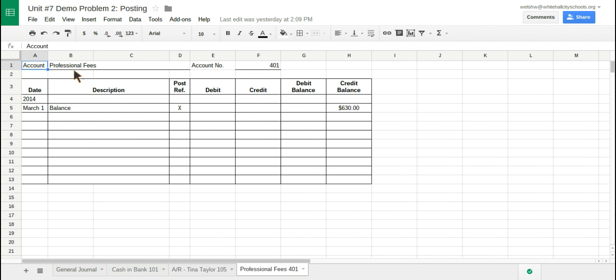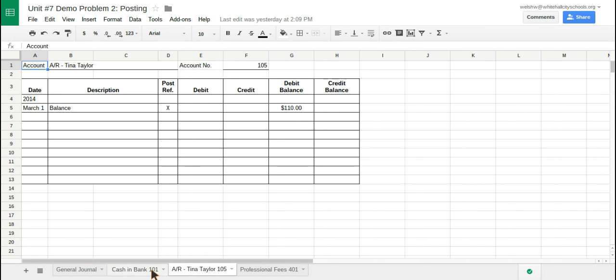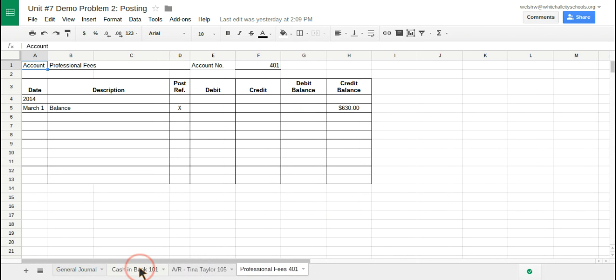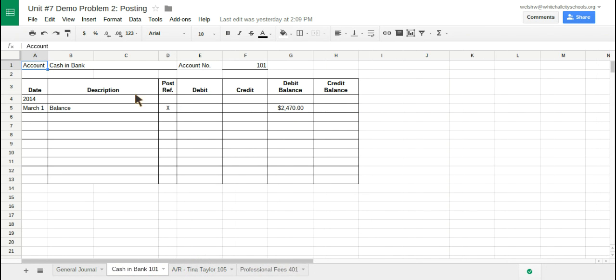They've already been set up with the account name and number and their current balance. So the balance for our professional fees is $630. Our accounts receivable is $110, and you notice it's always the balance because this is an asset, so it has a debit balance. Revenues, our professional fees, has a credit balance. Cash and bank, also an asset, so it has a debit balance. They've already been set up.